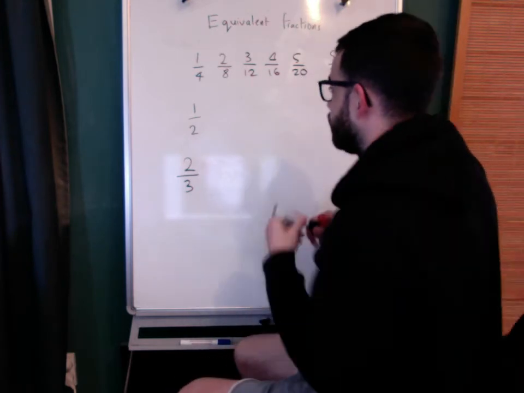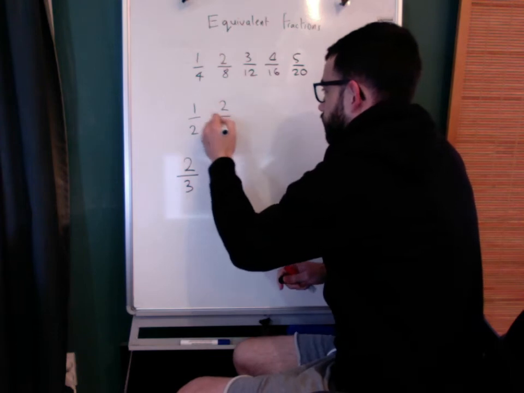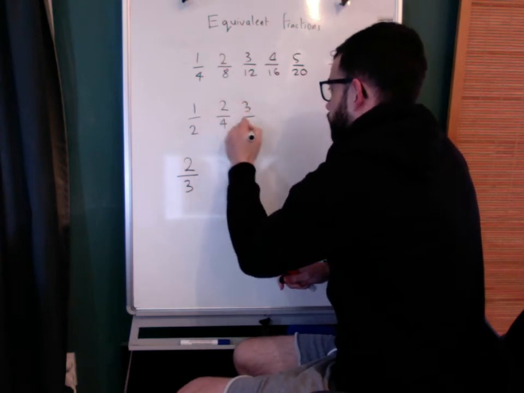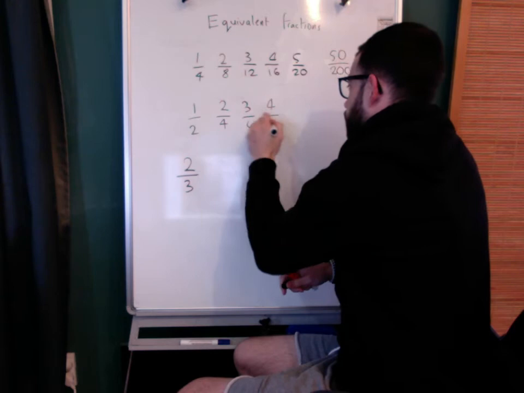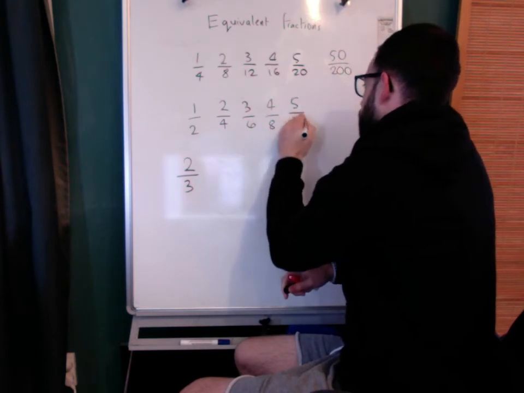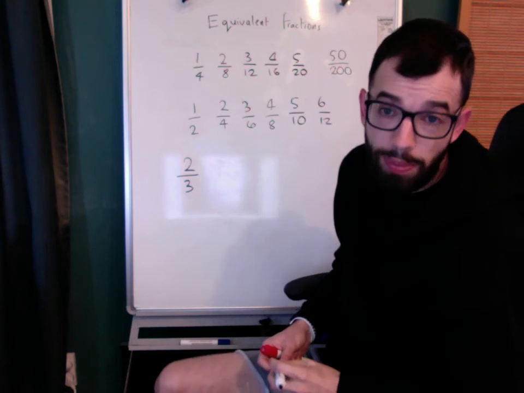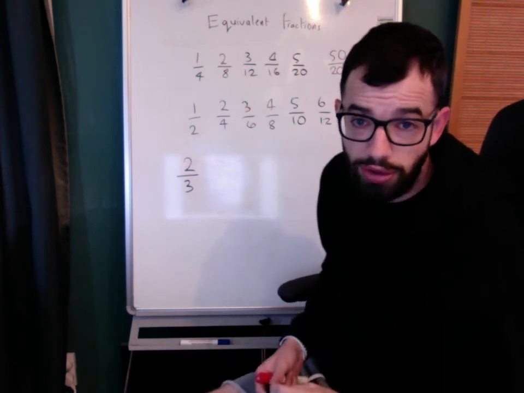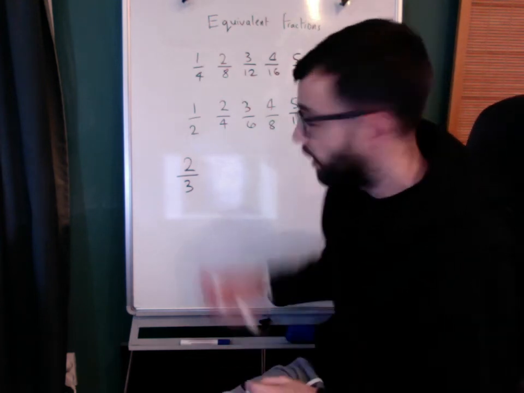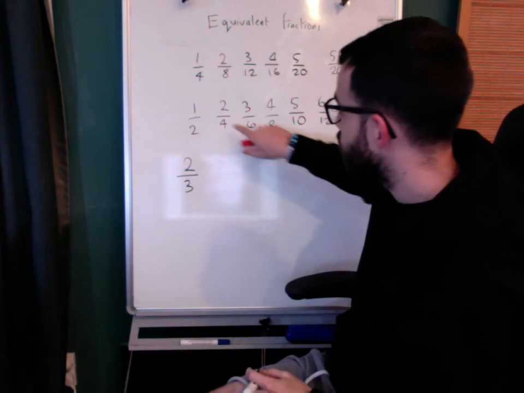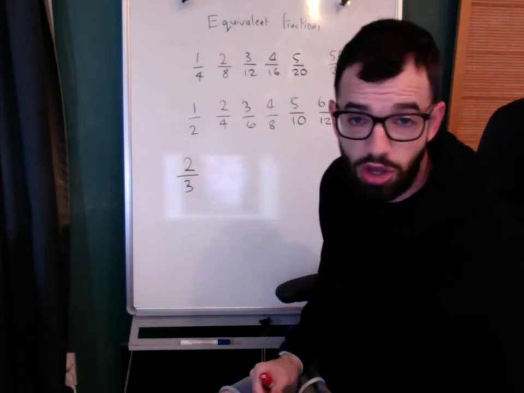We've got a half. Half's really straightforward. We're going up in multiples of 2, and obviously multiples of 1 at the top.